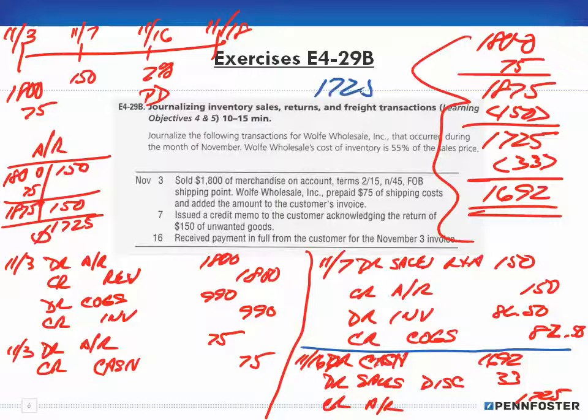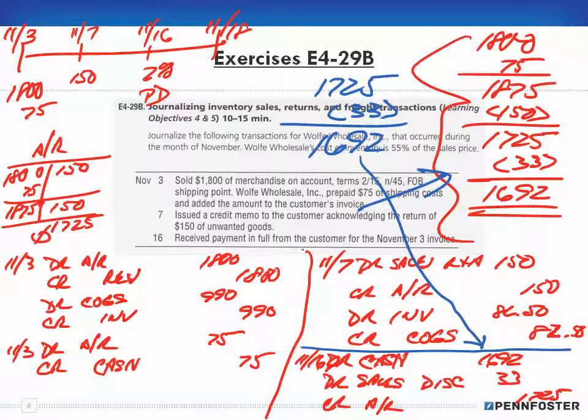If I had 1725 as my accounts receivable and there's a discount of 33, which was a debit, that gives me 1692. I'm backing into the 1692, and therefore I don't have to do all of these calculations. Sure, I do them as a double check, but strictly speaking, the shortcut method is to say I know what my accounts receivable is, and I know what my discount is. I had to calculate those anyway, so I can just back into the 1692. Okay, so that's it for that particular problem.